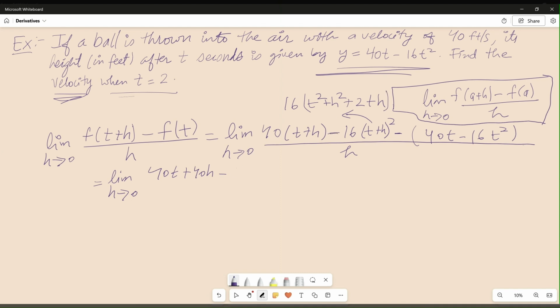So negative 16t squared, negative 16 times h squared is negative 16h squared, negative 16 times 2 is negative 32th.